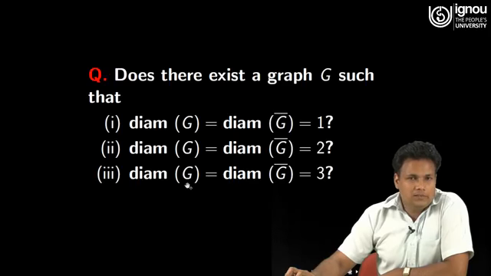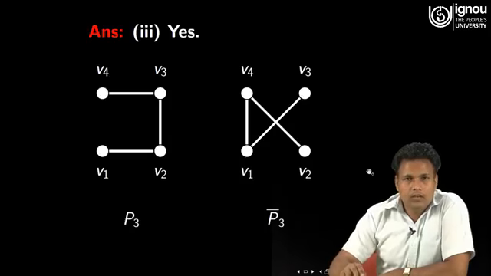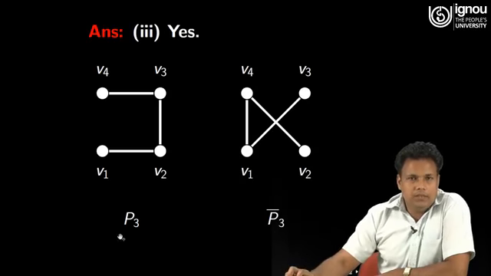We shall construct a graph G in such a way that the diameter of both G and G bar is 3, and such a graph is P3. You can see that P3 has diameter 3, and the complement of P3 is this one, and this graph is essentially P3, and hence its diameter is also 3.